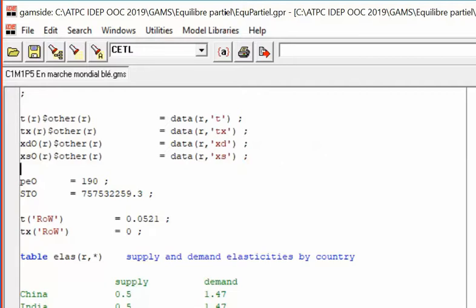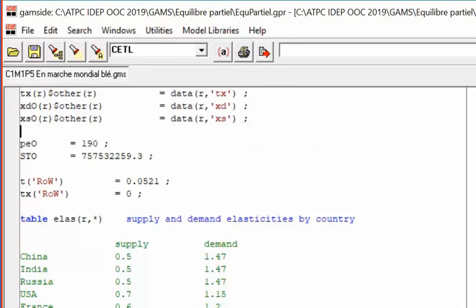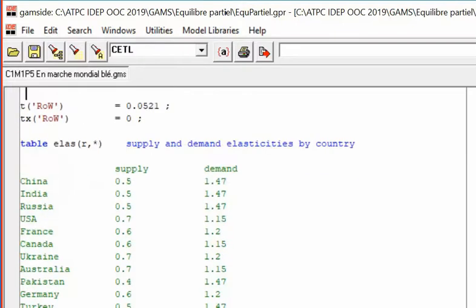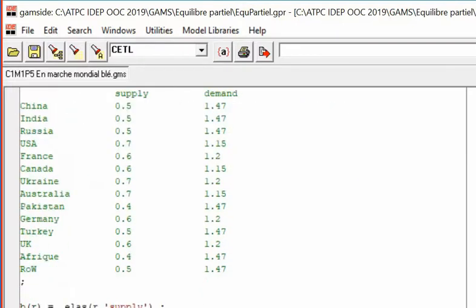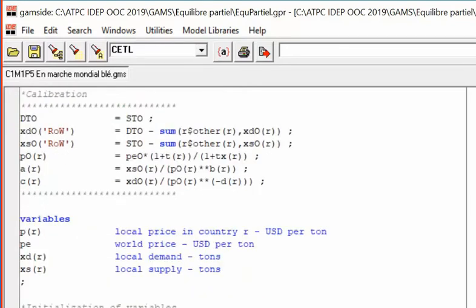Why? Because I am going to deduce the values for ROW from other data. I can give other values to the initial world price, the total supply of wheat in tons, import duty in the rest of the world, and export tax in the rest of the world, then a table for elasticities.